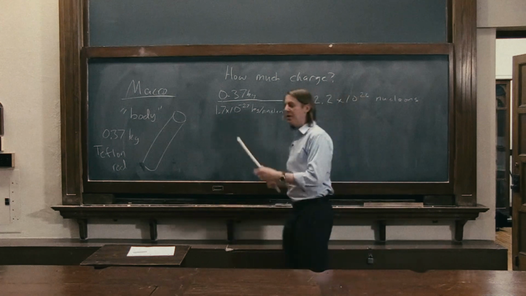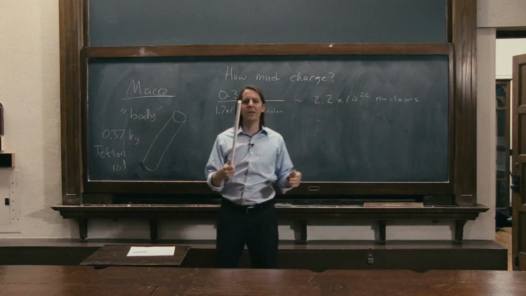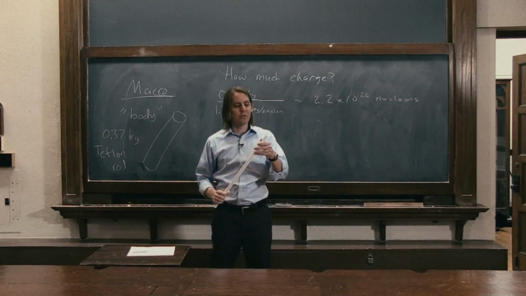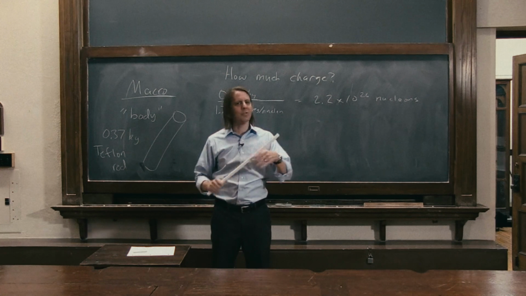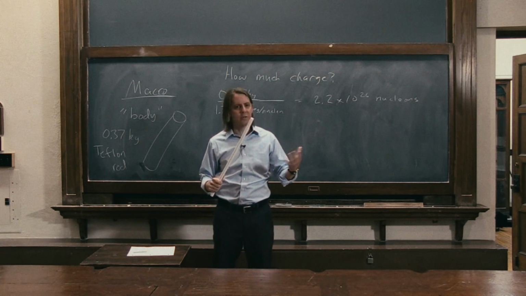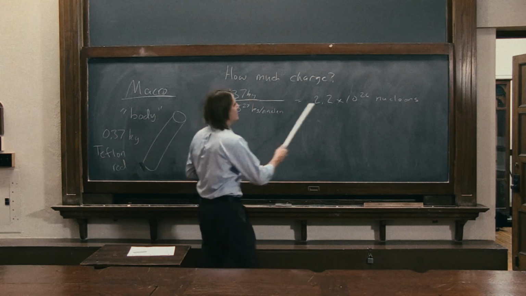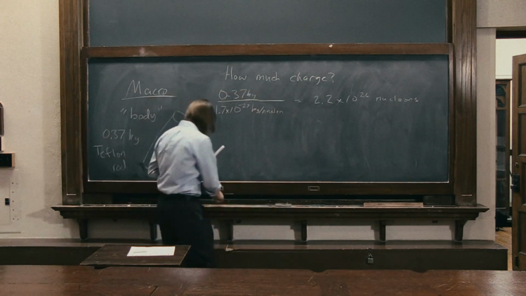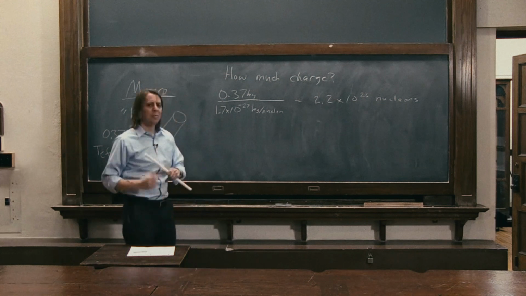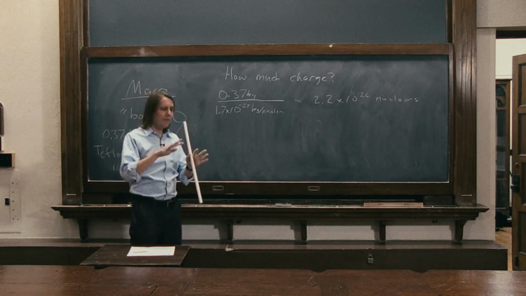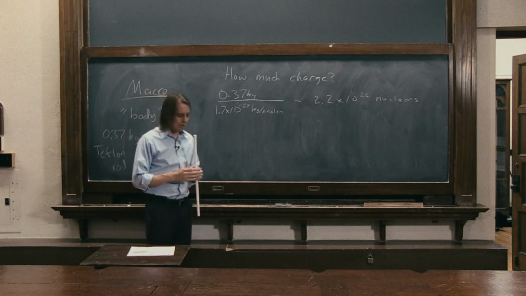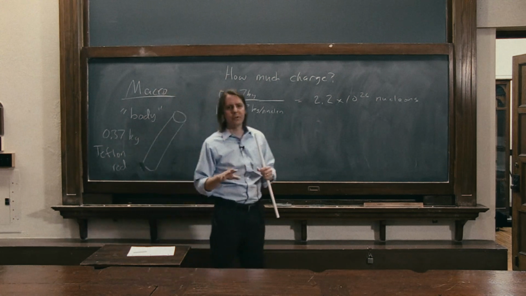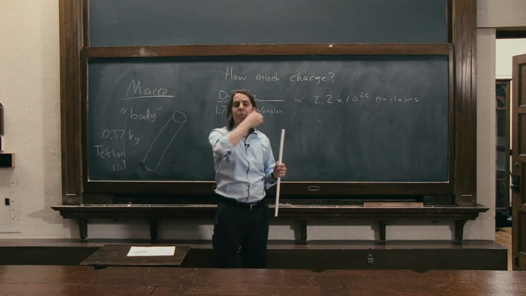So you actually don't need to know the chemistry of this thing, or even what atoms are in it. If we know that it weighs 0.37 kilograms, we know that that mass is almost all in the protons and neutrons. The electrons don't weigh much. Then we can actually estimate the number of nucleons in this thing. Now, another thing we need to know about atoms is that there's usually roughly equal numbers of protons and neutrons in the nucleus. It's almost never exactly equal, but it's usually very close.